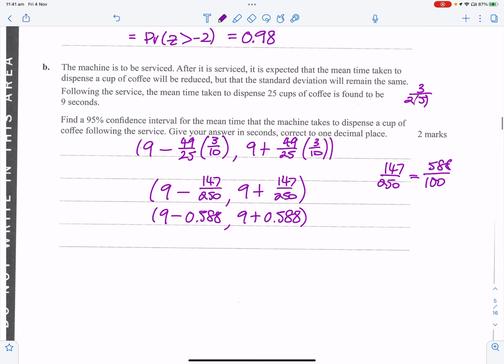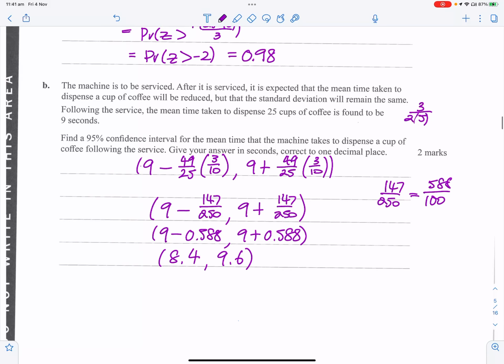Okay, what do we want it to? One decimal place. So 9 minus 0.6 is 8.4, 9 plus 0.6 is 9.6, to one decimal place.